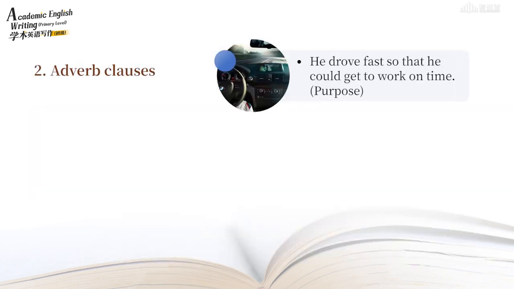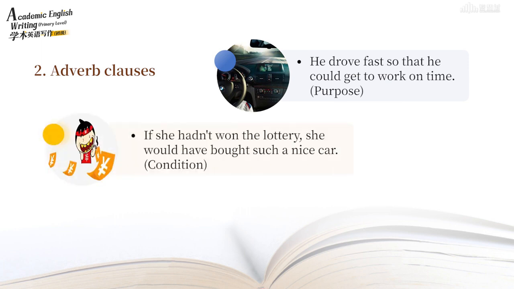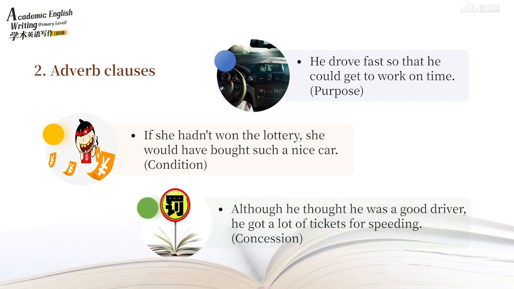Cause. He drove fast so that he could get to work on time. Purpose. If she had won the lottery, she would have bought such a nice car. Condition. Although he thought he was a good driver, he got a lot of tickets for speeding.